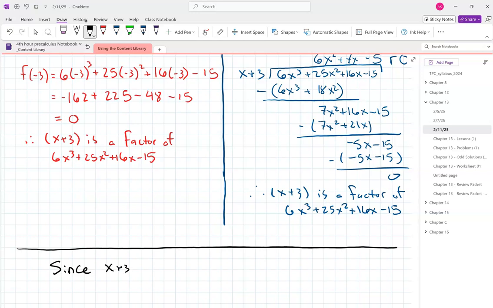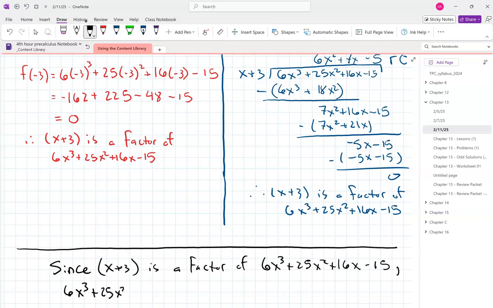Since x plus 3 is a factor of 6x cubed plus 25x squared plus 16x minus 15, we can write that polynomial as x plus 3 times something, right?